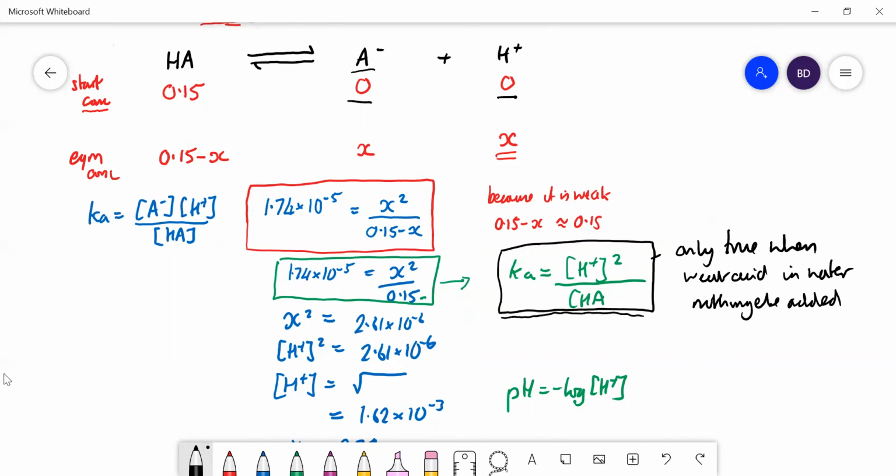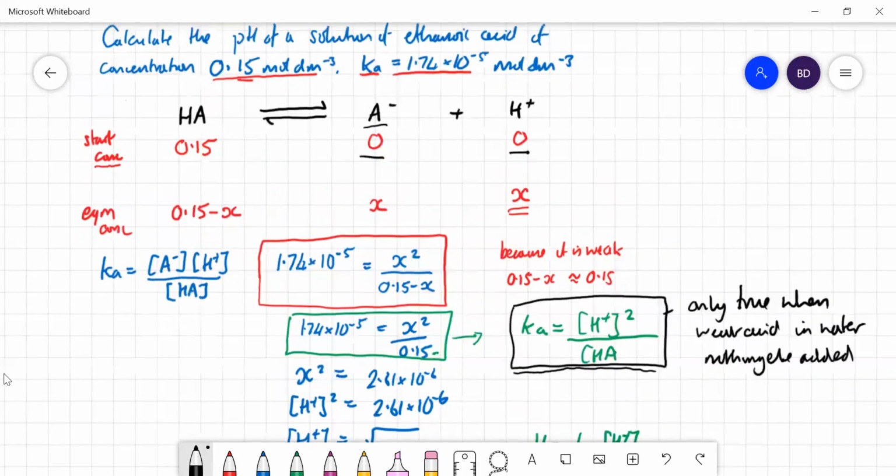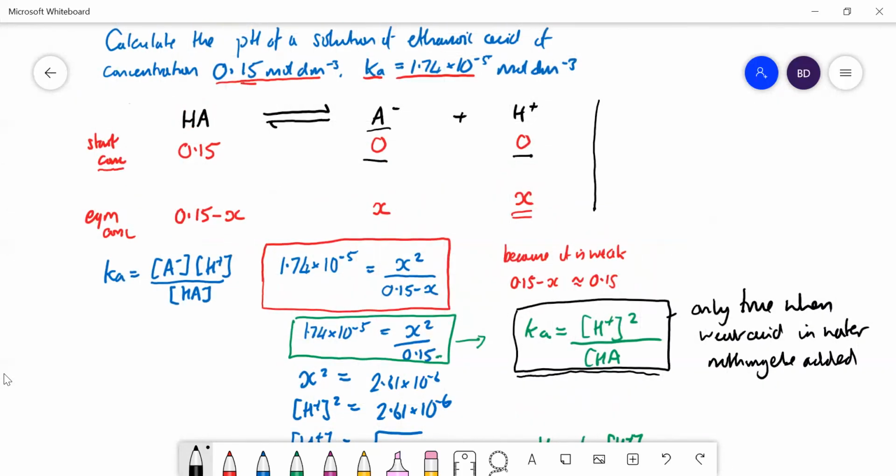Rather than memorize that expression, I see people go wrong a lot doing that, think about it logically and do this every time. Then you are thinking, not just putting numbers into an equation which you don't really understand, and which isn't true all the time. Okay. So that is the basic H plus squared method for calculating the pH of a weak acid.